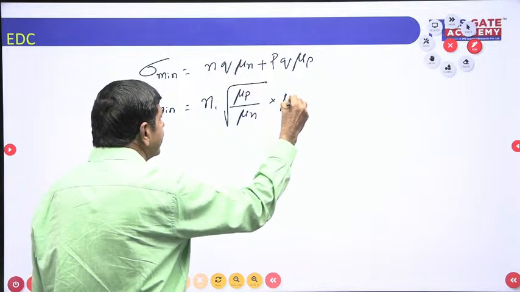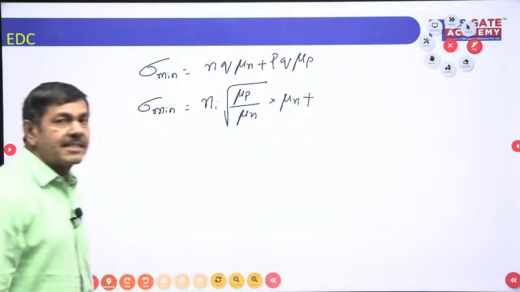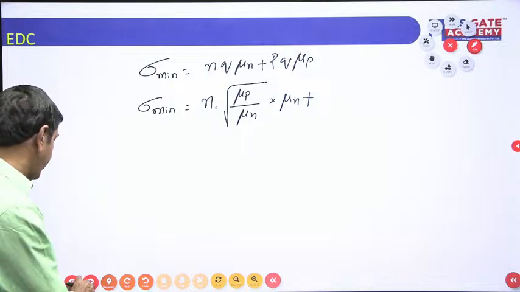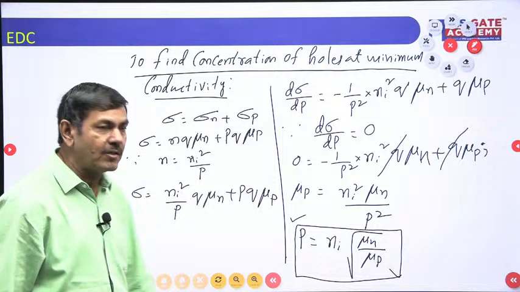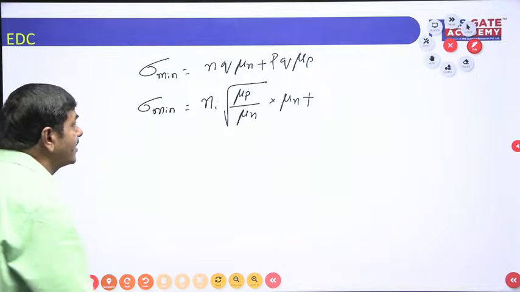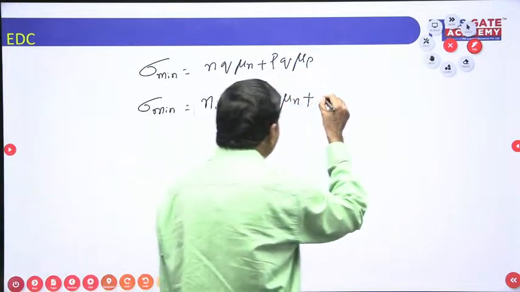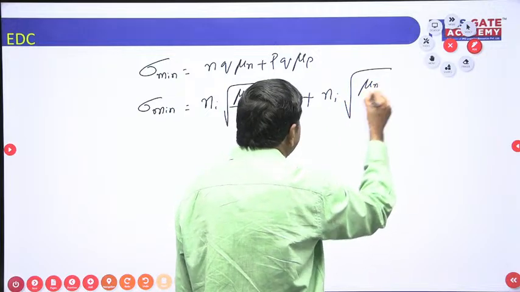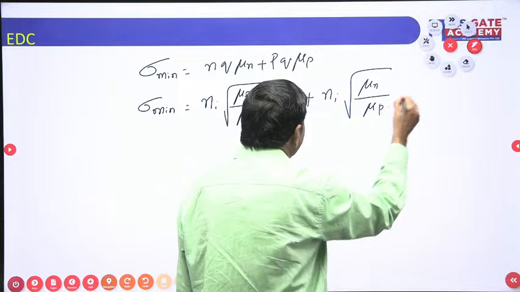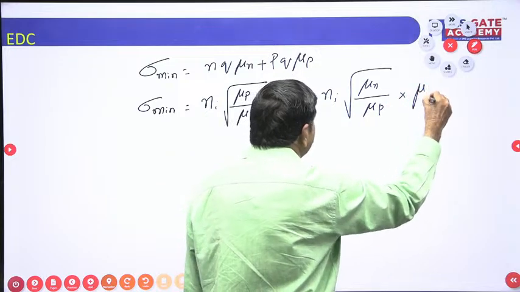The concentration of the holes I gave already, ni into root of mu n by mu p. If I substitute it, p is nothing but ni into under root of mu n by mu p, into mu p I can write here now.